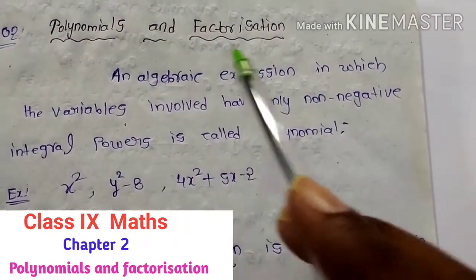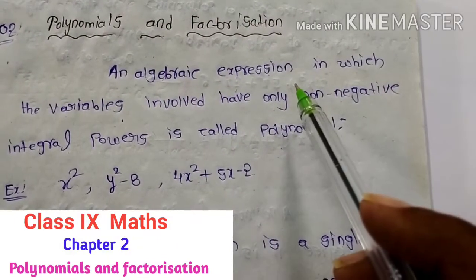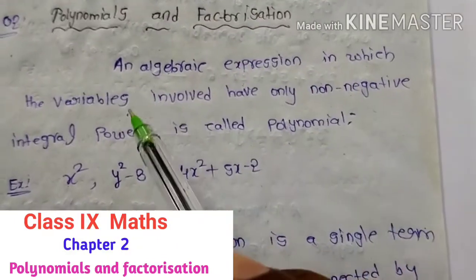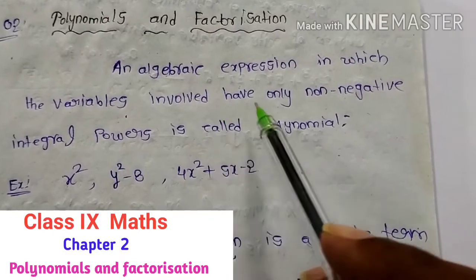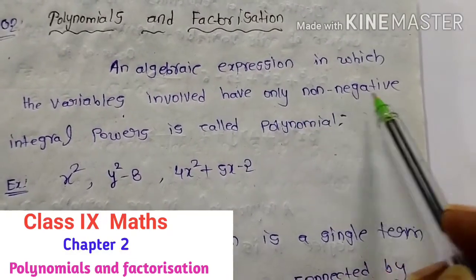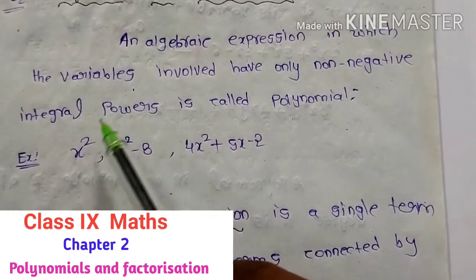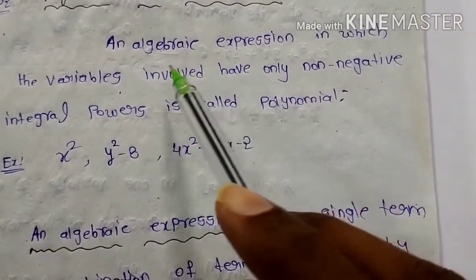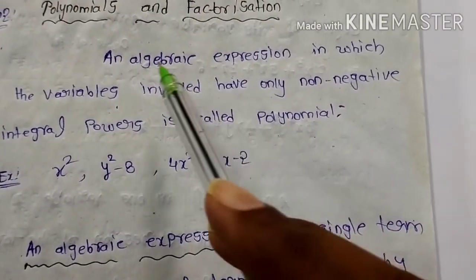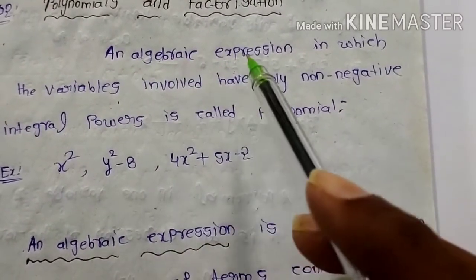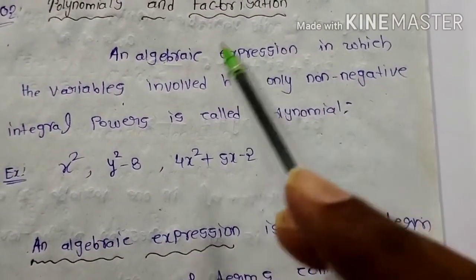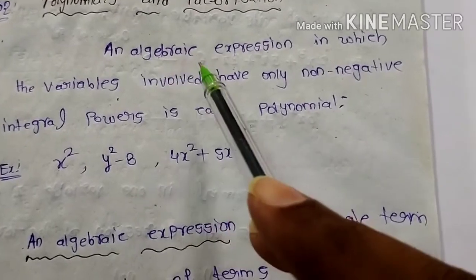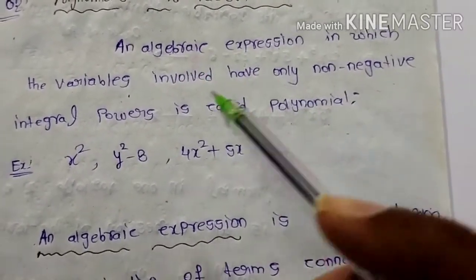See here, polynomial means an algebraic expression in which the variables involved have only non-negative integral powers. Before going to polynomial, first try to understand algebraic expression. Why? Because you have studied algebraic expressions in 7th class maths.